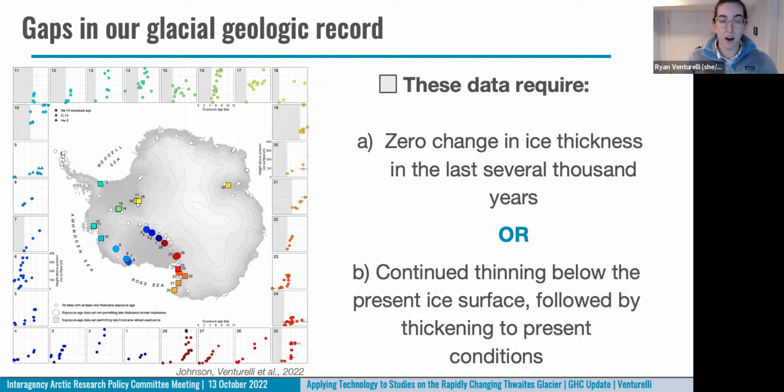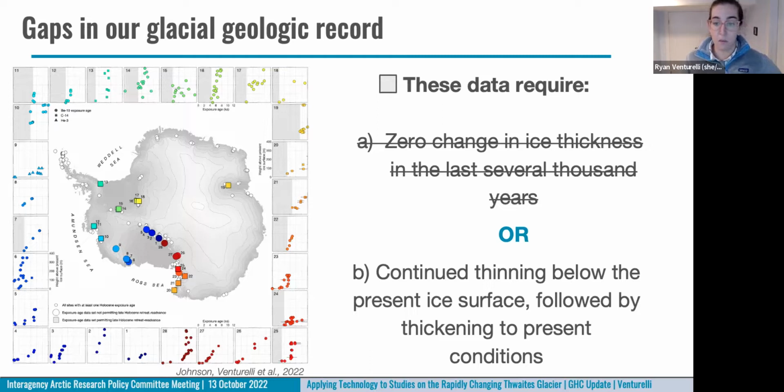And really understanding whether or not the ice was stable for a period of a few thousand years, or deglaciation since the last glacial maximum continued past that, is really important for building a time series of glacial change to connect with our modern observations.